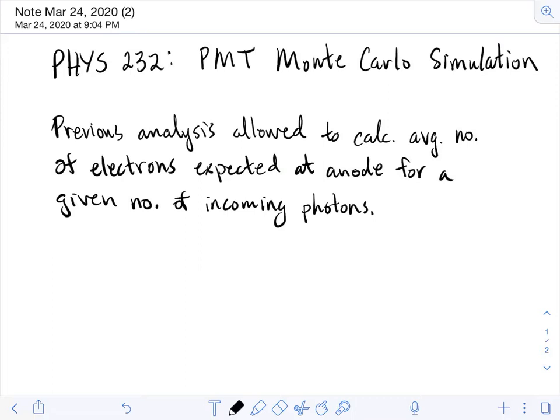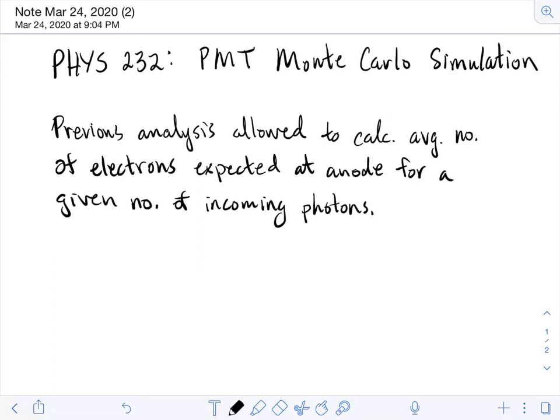Or how does it look at the low end, where if the quantum efficiency is low, we expect that usually we don't get a lot of photoelectrons generated by the incoming photons? How does the low number part of the distribution look?